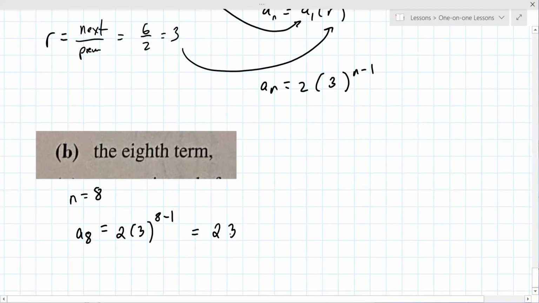That's 2 times 3 to the 7th power. If you've got a calculator with you, please give that a go and see what you find. 279,936. Wow. Okay, so that's a big number.